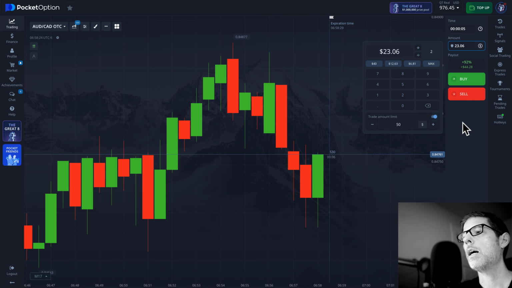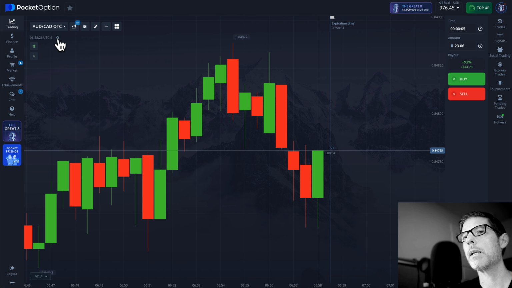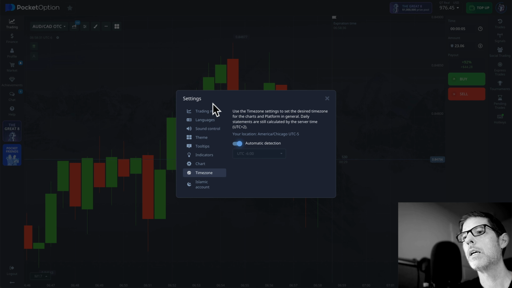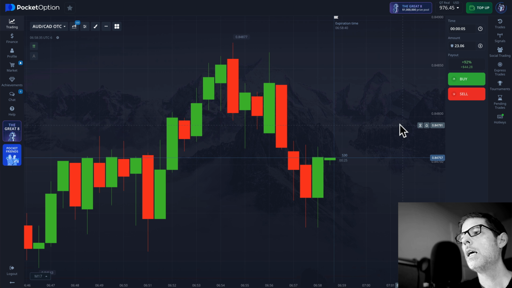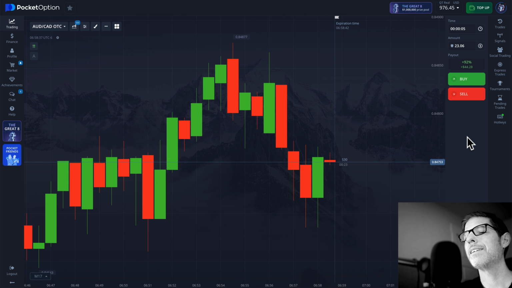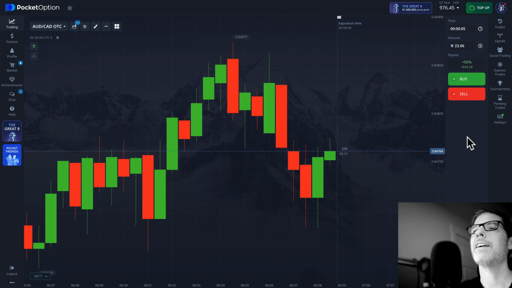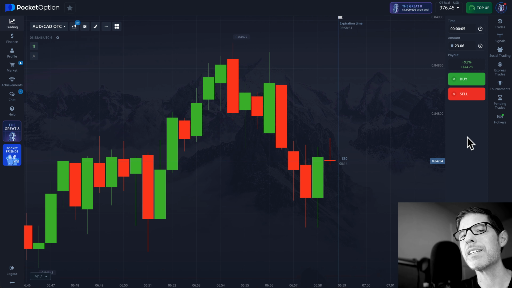You can turn that on by clicking the little gear icon on the top left of the chart, clicking on trading mode, and making sure that trade amount limit is turned on. And you will not believe, no matter how many times I say that, we do have some members in the group who reach out and say, "Hey, I didn't have the safety feature turned on, and I messed up."